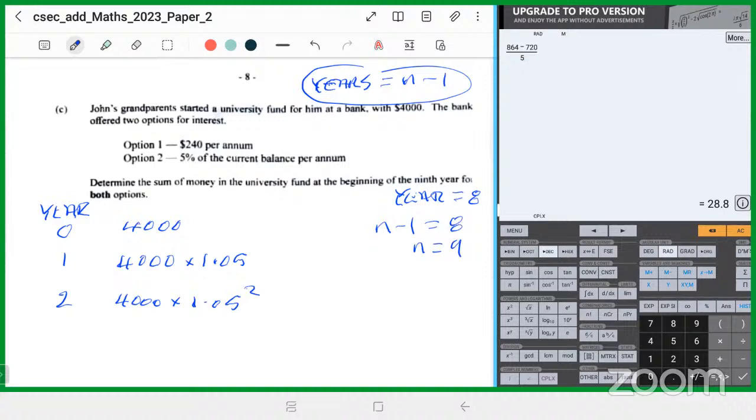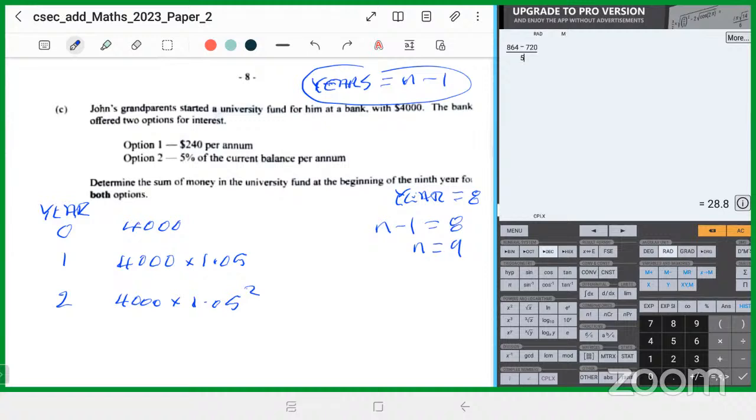That's kind of tricky. At the beginning of the 9th year, you're not including the interest for the 9th year, nothing is there yet. So it means you have gone through 8 years of making payments.